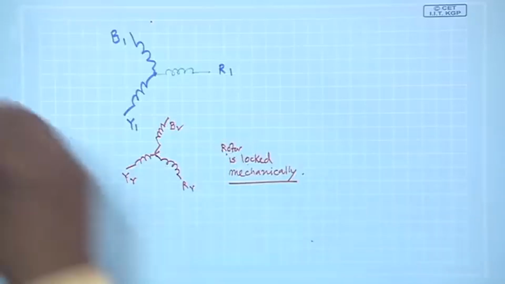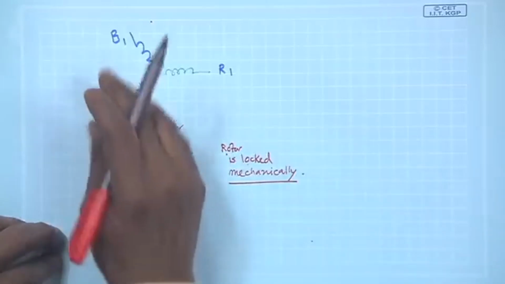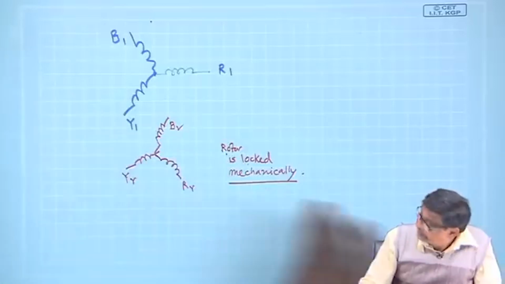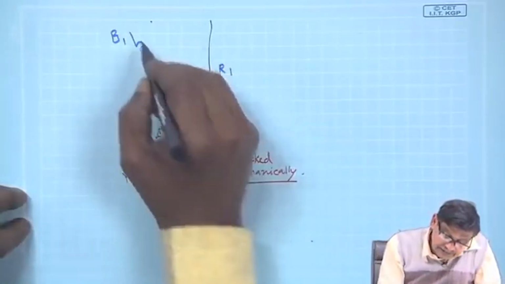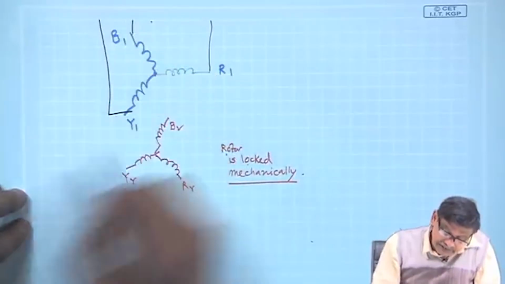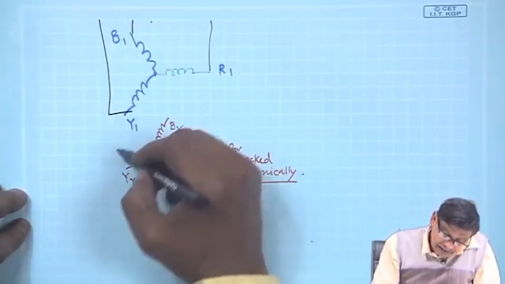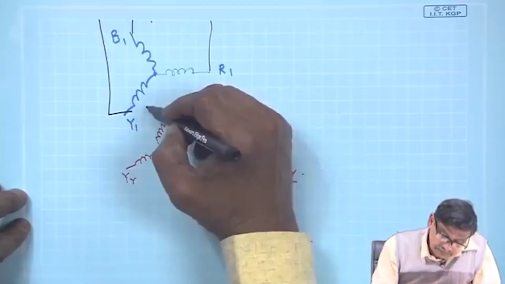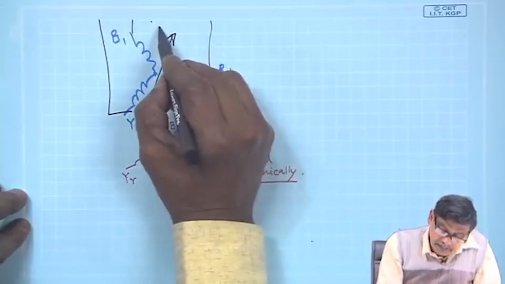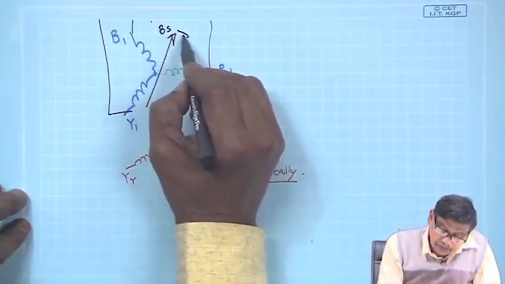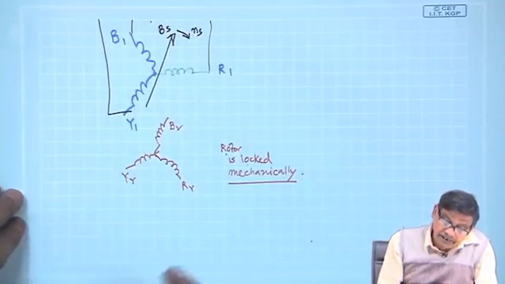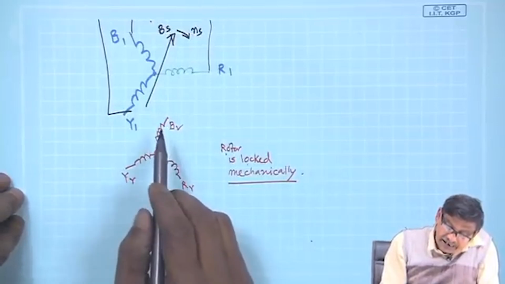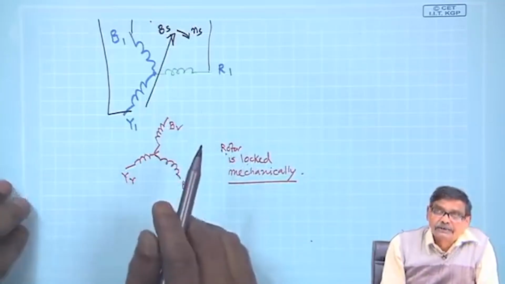And you energize this with a 3-phase supply as usual. The result is a rotating magnetic field, it moves in this direction, the sequence is RYB, and it will induce voltage.